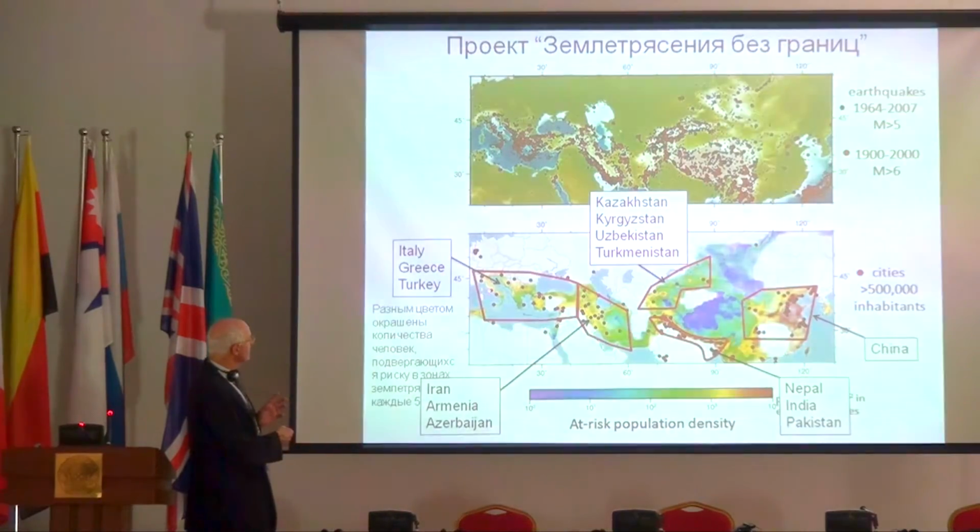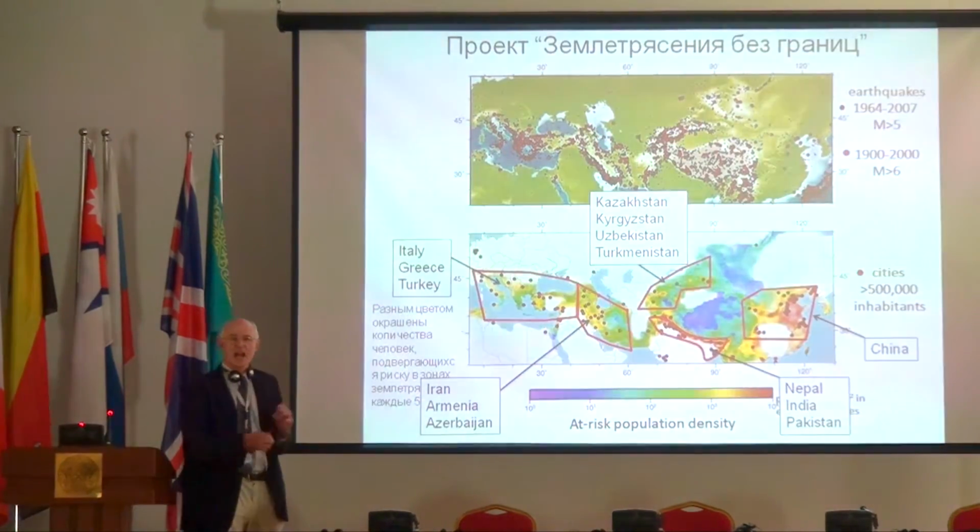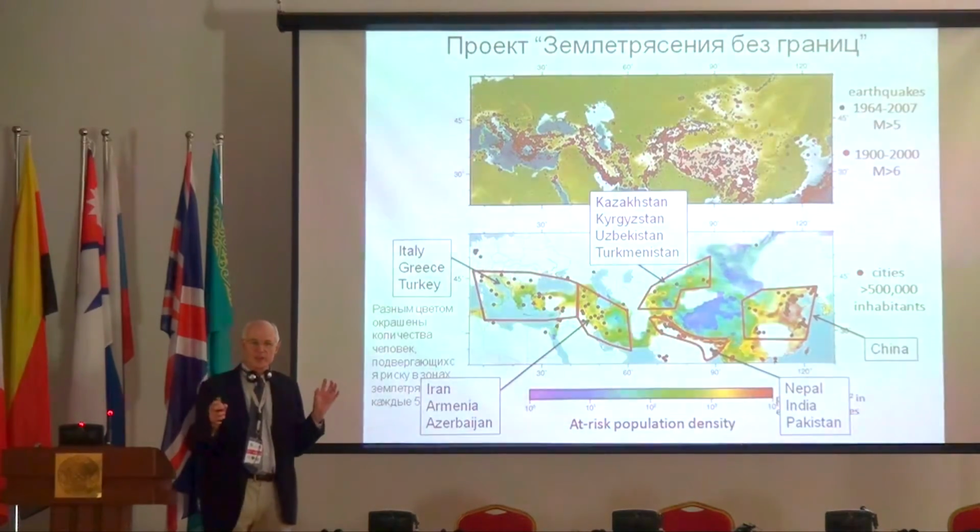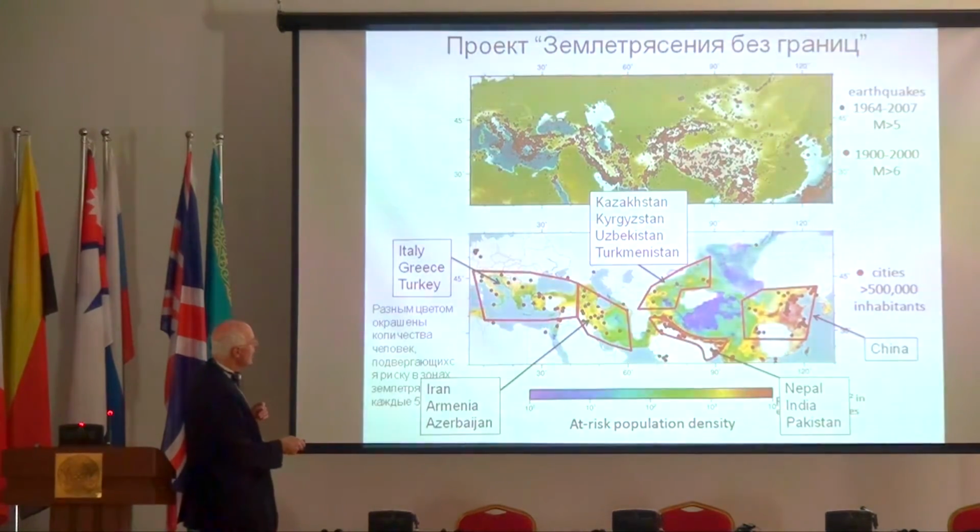The purpose of this project is to bring people together, so that the earthquakes in parts of China are very similar to earthquakes in parts of Italy and Greece, and we can learn from talking to each other. The earthquakes you will hear in Iran are very similar to earthquakes here in Kazakhstan and Kyrgyzstan, and so there are similar lessons to be learned.